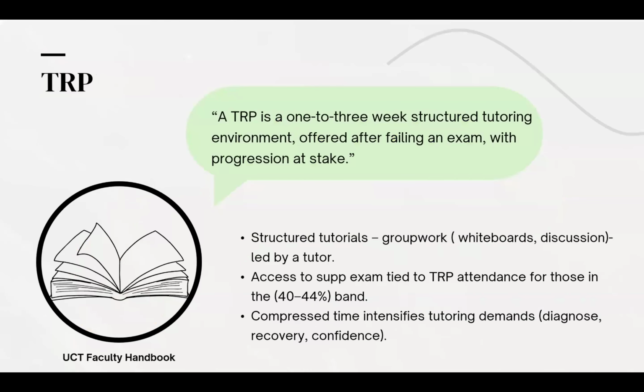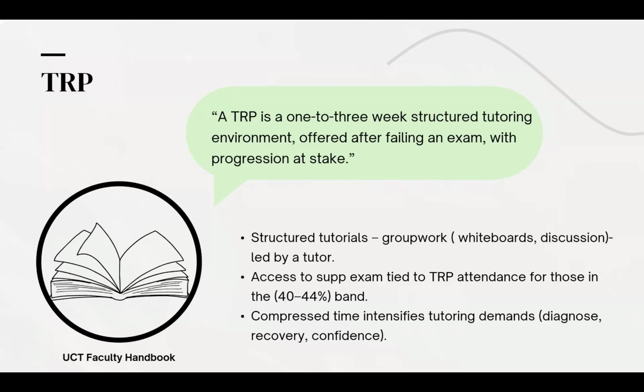Okay, so what is a TRP then? A TRP is generally a 1 week, mostly 1 week, and sometimes 3, tutoring sprint, which takes students that have failed an exam and are failed between a particular band, 40 to 44. Okay, those students that have 50 and above have passed the exam. Those students that have 45 to 49 will automatically get to write a supplementary exam.